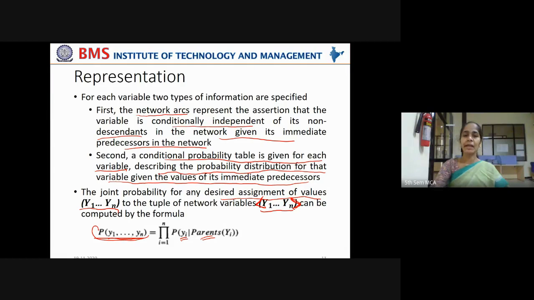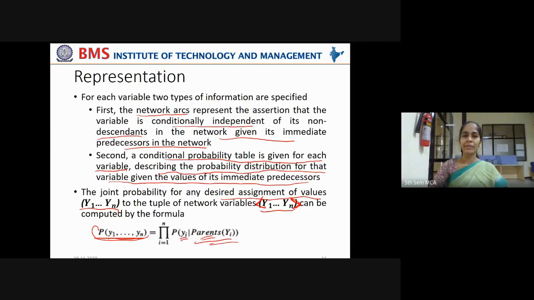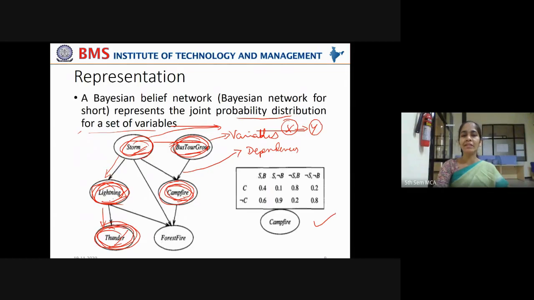That is why you have written this generalization of the concept in mathematical terms. Here parents of yi denotes the set of immediate predecessors of yi. So thunder's immediate predecessor here is lightning.